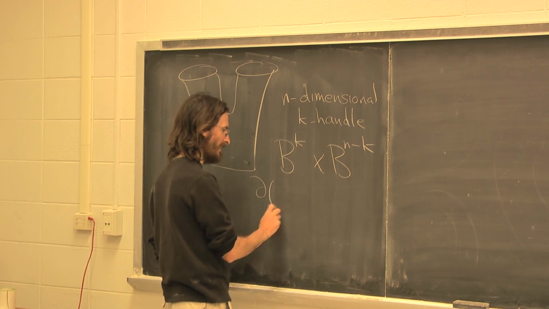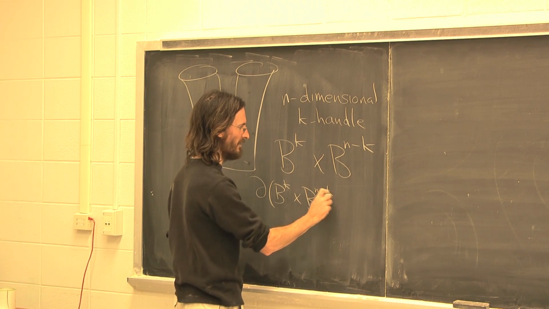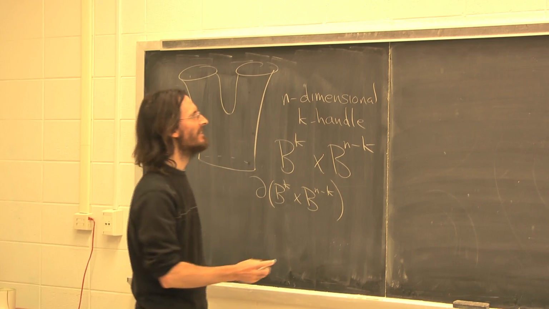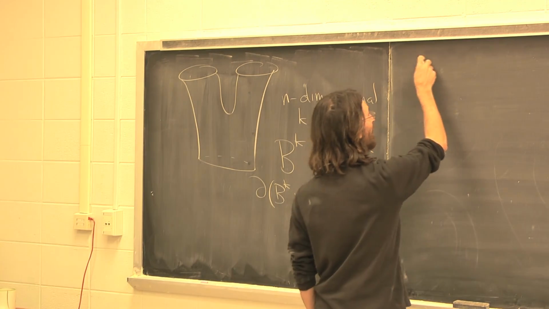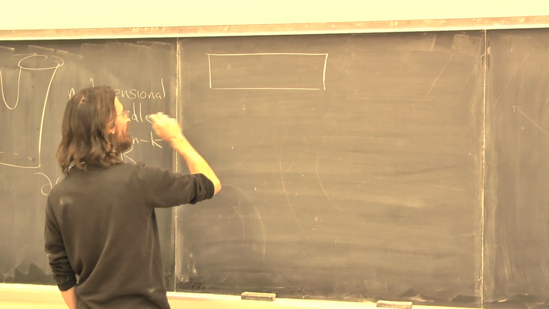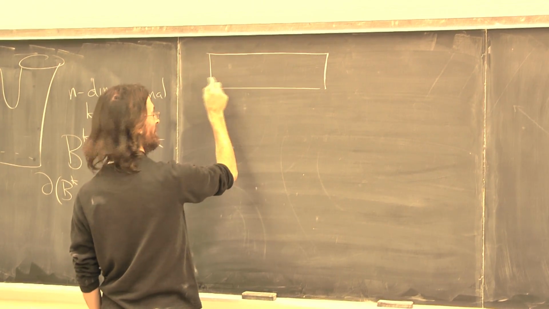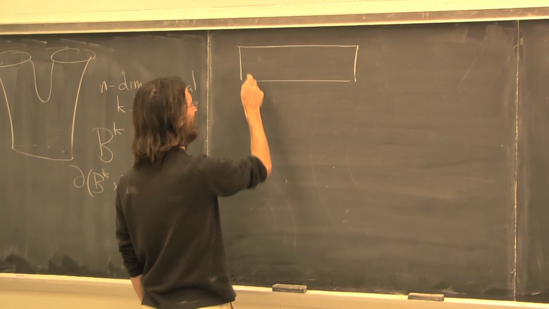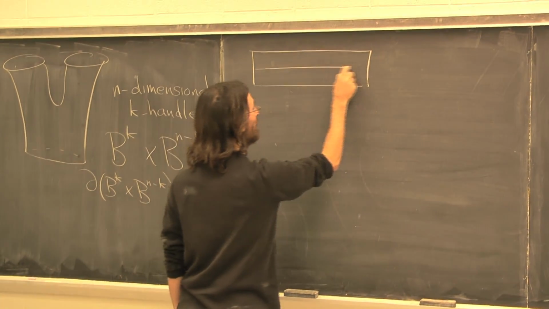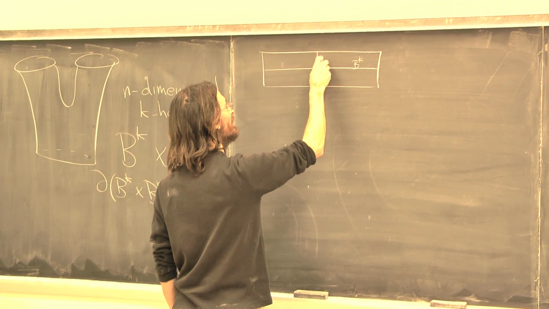The boundary of B^k times B^(n-k). I should have a little schematic here for what this is. Let's draw a picture of it. I like my picture of it. It just helps me distinguish the two factors. I think of one of them as long and one of them as thin, but that's not really that important. So this direction is B^k, and this direction is B^(n-k).